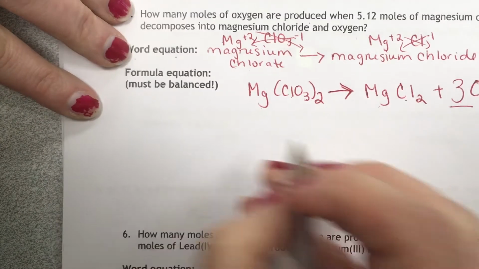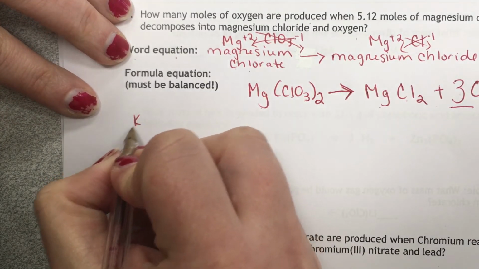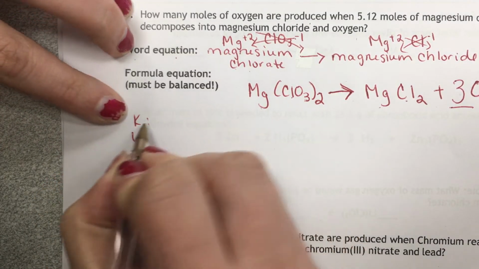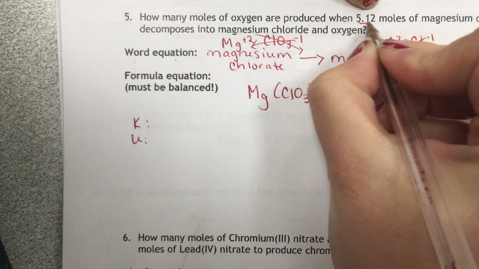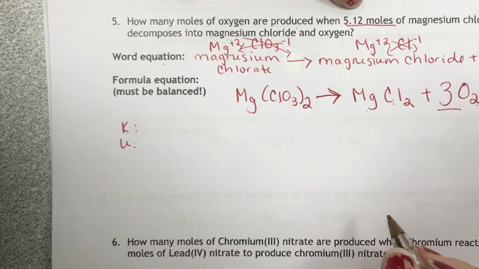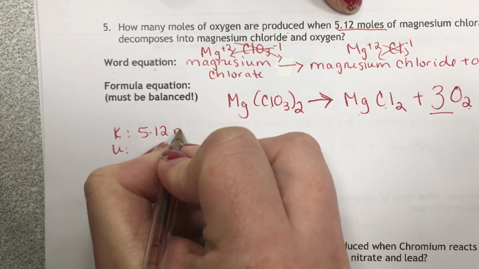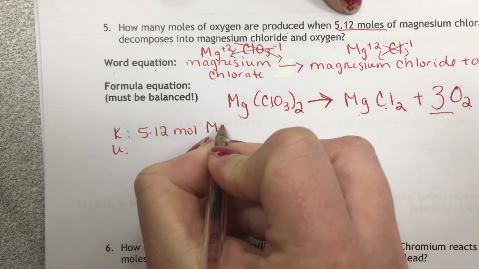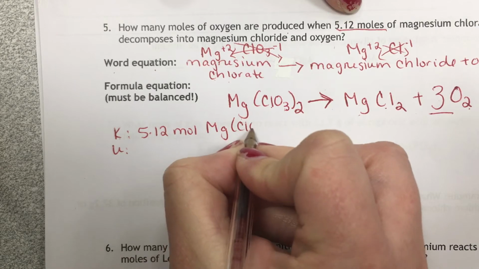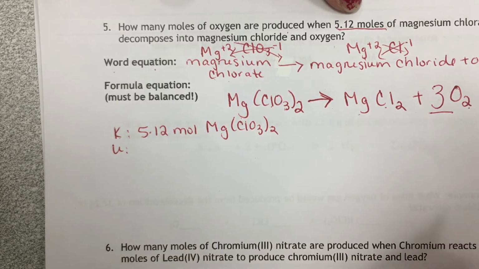Okay, so we just need to write our known and unknown. Our known is from the question. We have 5.12 moles of magnesium chlorate, Mg(ClO3)2.